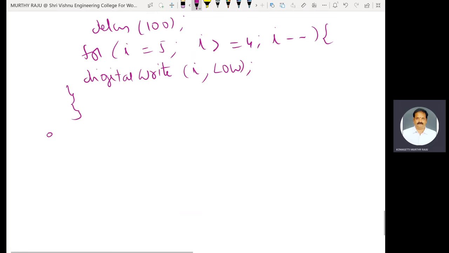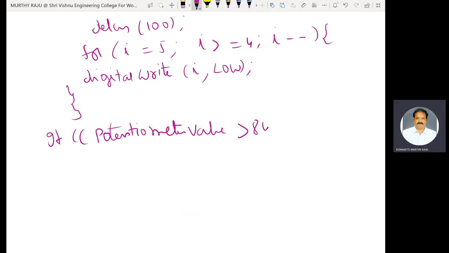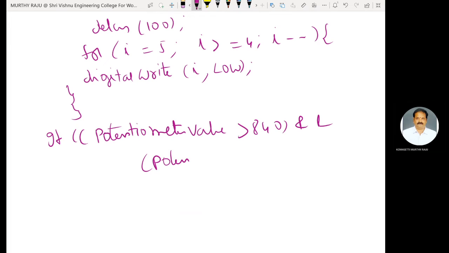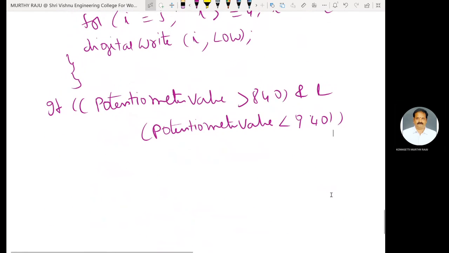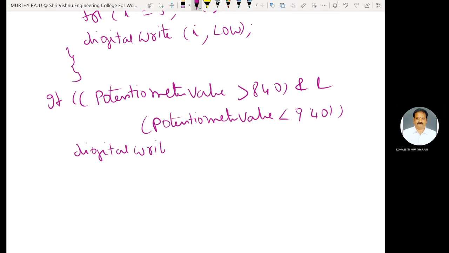If potentiometer value greater than 840 and potentiometer value less than 940, digital write, the fifth pin is high, that means the ninth LED is in high condition.